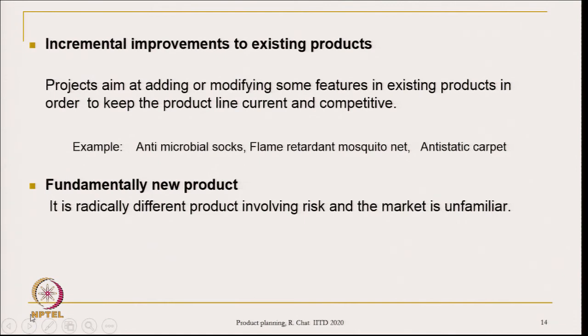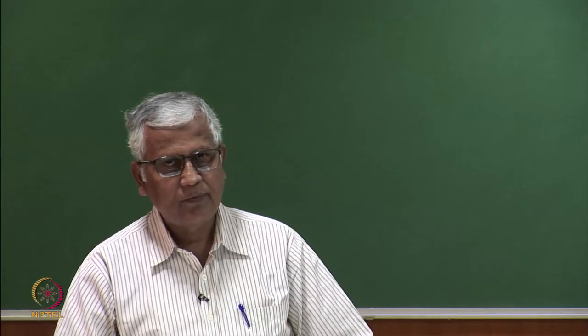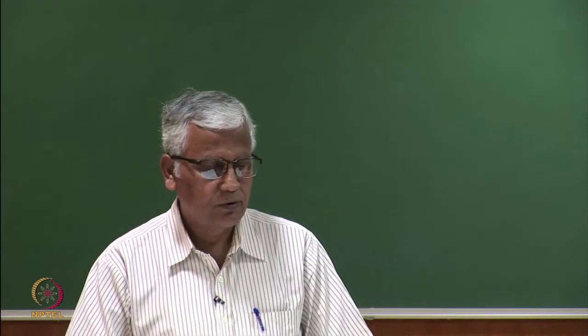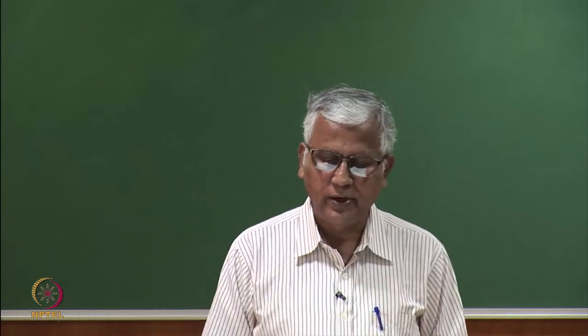So, these will be known as incremental improvement on the existing design. Similarly, it could be anti-static carpet or flame retardant mosquito net. Somebody who is manufacturing mosquito net can add a feature and claim that my mosquito nets are flame retardant also. So, this type of development activity, if we carry out, then we call it incremental improvement to existing products.